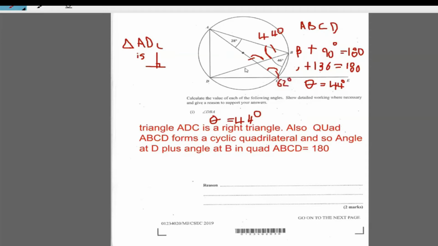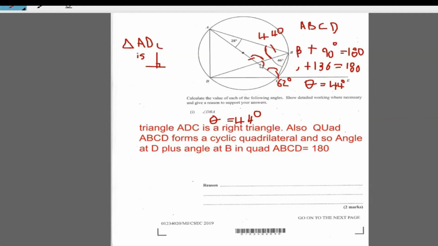That angle is 62. Now if this angle is 62, then we know this angle. That angle is going to be 180 minus 46 plus 62, which is 72.